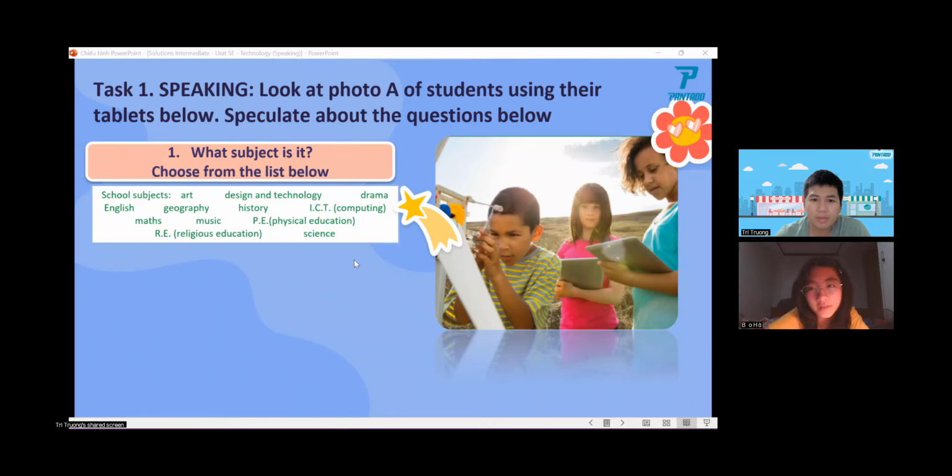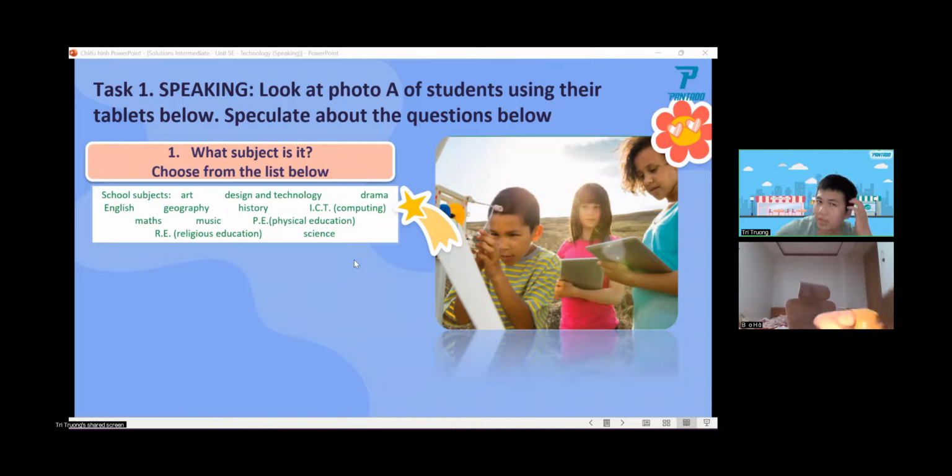And the 2 girls, they look at it and take notes on the tablet. Yes, they are maybe looking at the boy and taking notes on the tablet.